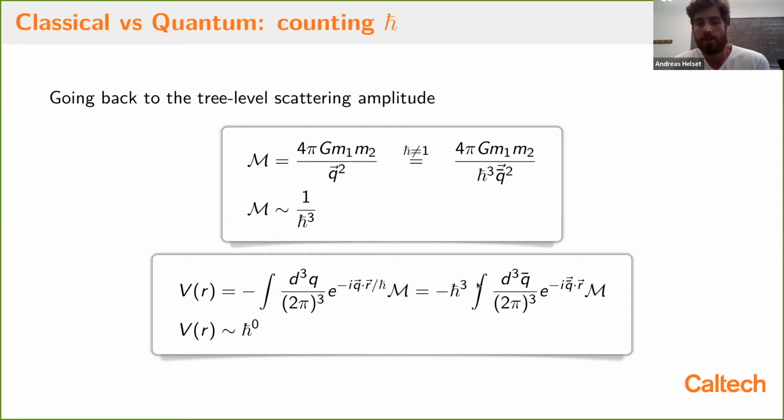We see from the Fourier transform itself, there's an h bar cubed hiding, which will cancel this 1 over h bar cubed. So the classical potential has no h bars left over, which is what we expect. And this can be extended to include higher perturbative corrections to this calculation, so you know which terms to keep and which ones to throw away.